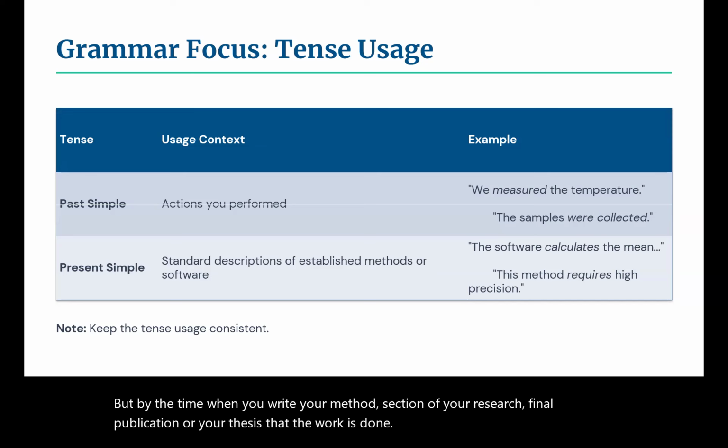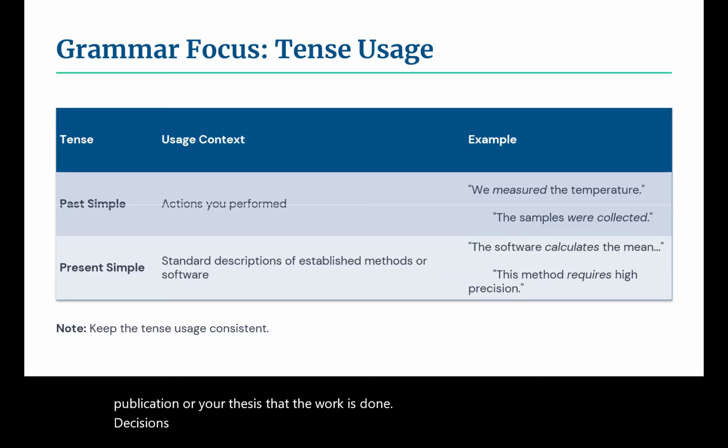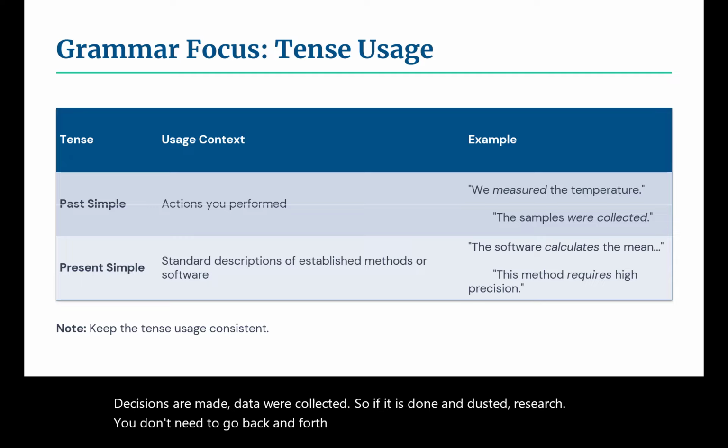Decisions are made, data were collected. So if it is done and dusted research, you don't need to go back and forth in future and present. You can simply hang on present and past simple.